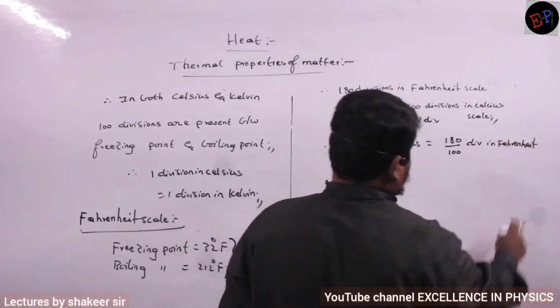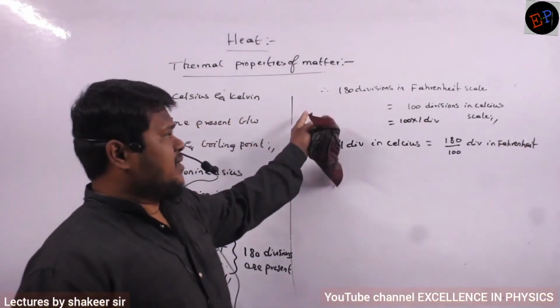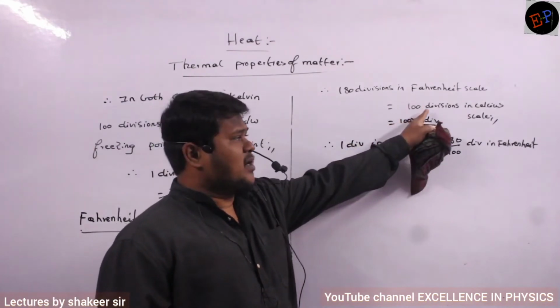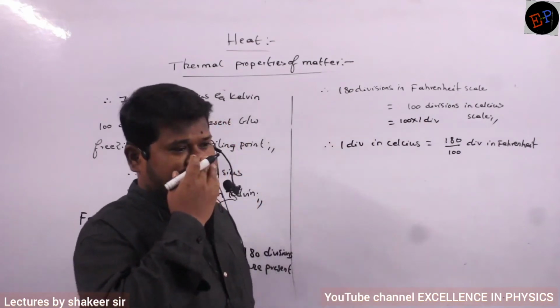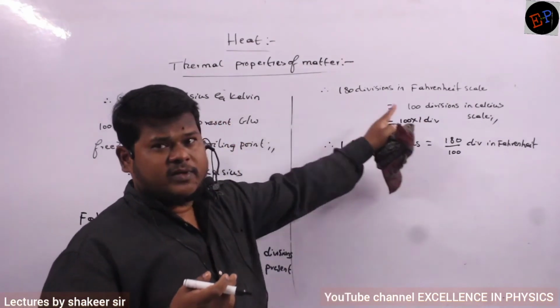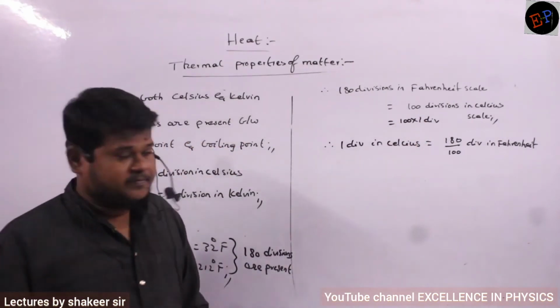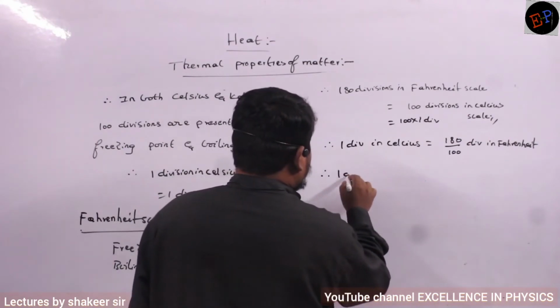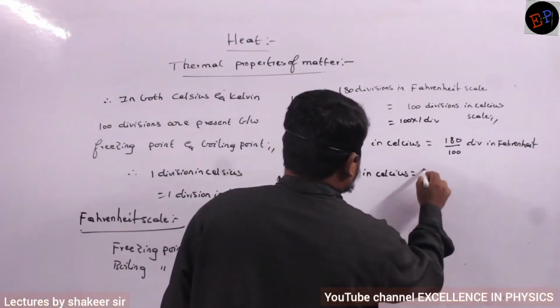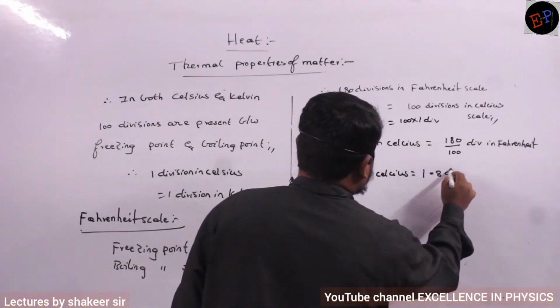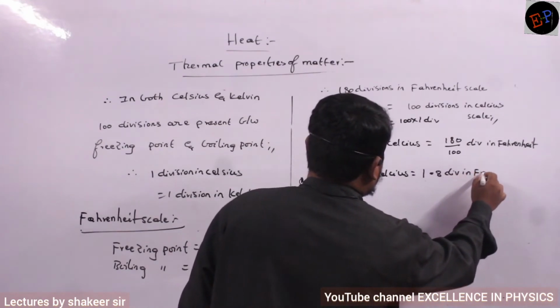Understood? 180 is equal to 100. If I want 1 division in Celsius scale, send this 100 to the other side. Here already 180 is there, no? 180 by 100, 1.8. Clear, no? Therefore, 1 division in Celsius is equal to 1.8 divisions in Fahrenheit.